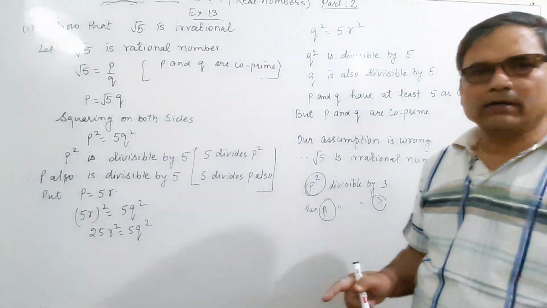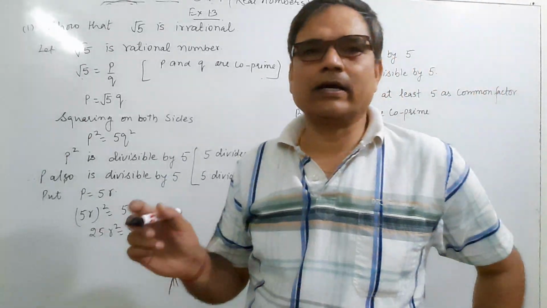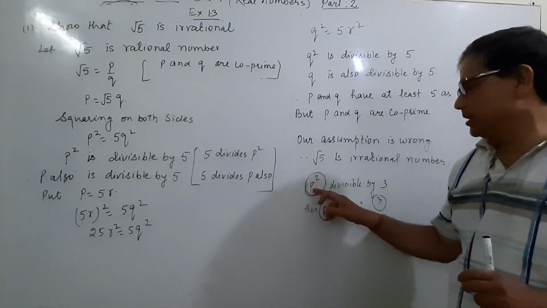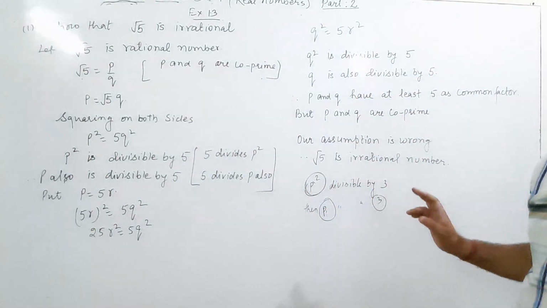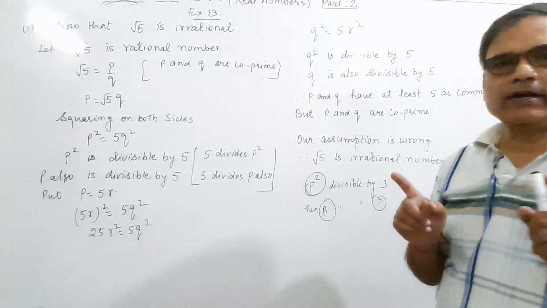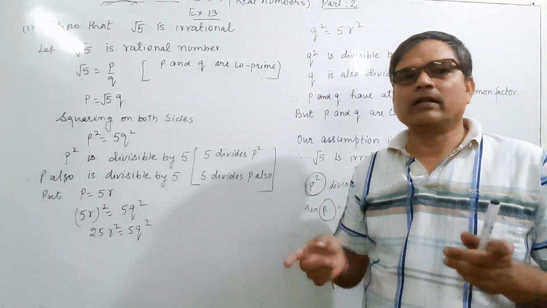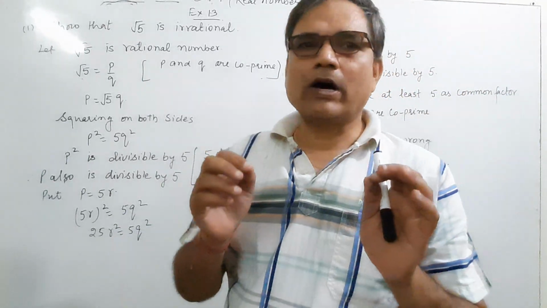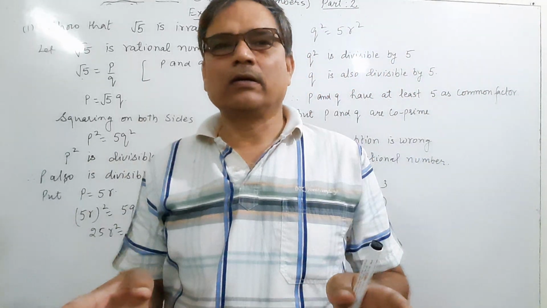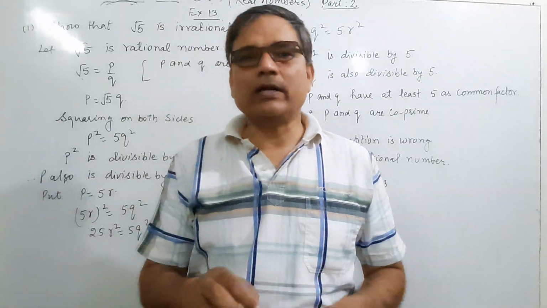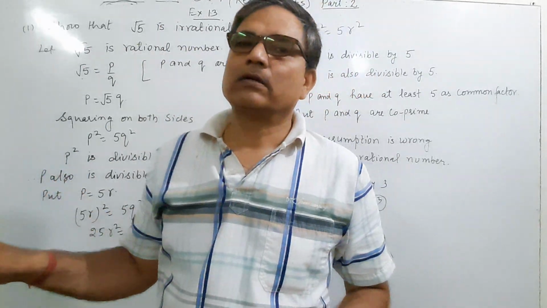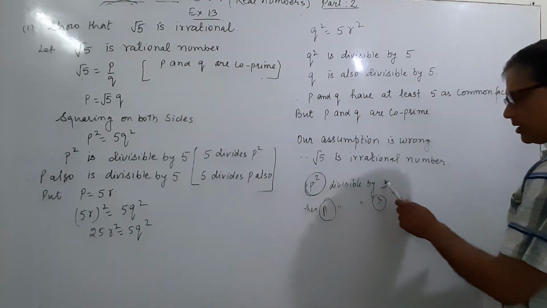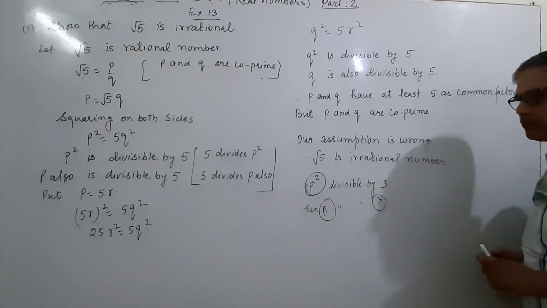It means if a square is divisible by any number, then the number itself is divisible by that same number. For example, if p squared is divisible by 3, then p is also divisible by 3.